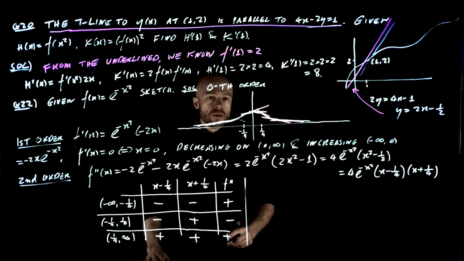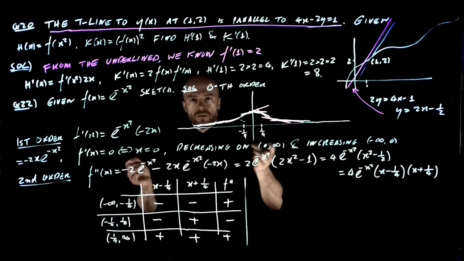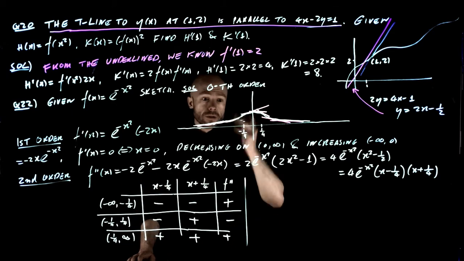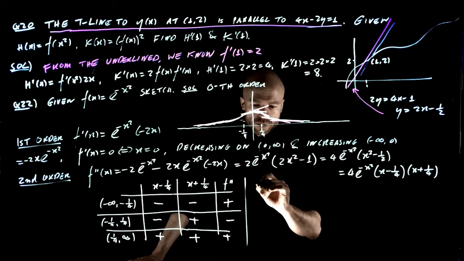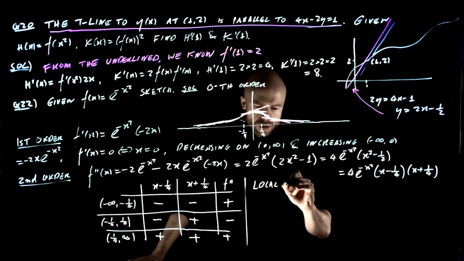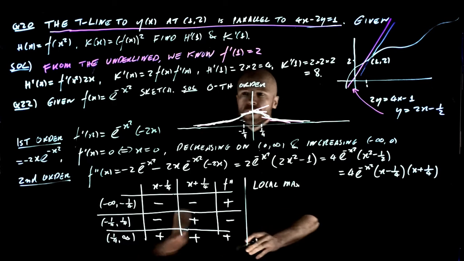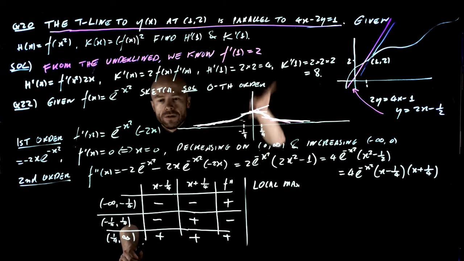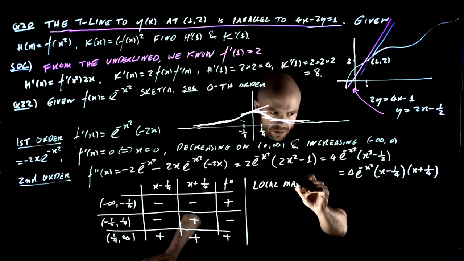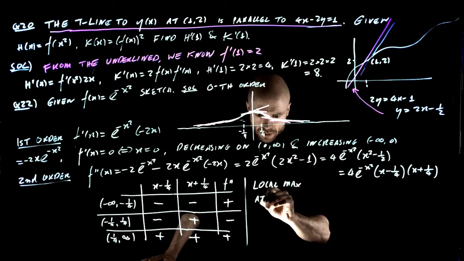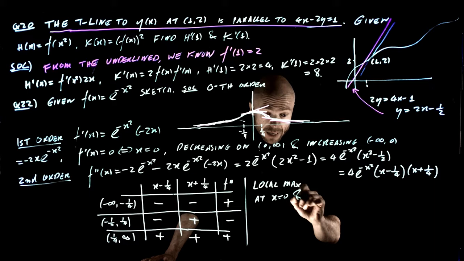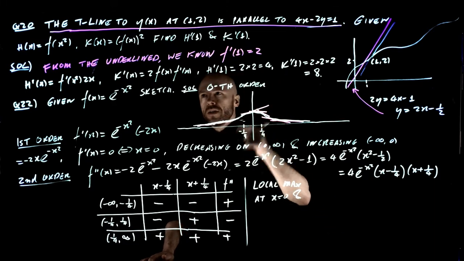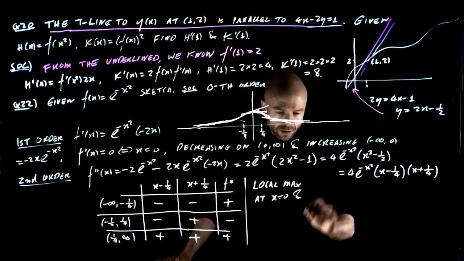So local maxes and local mins only happen when the derivative changes sign. That's only going to happen at 0. So local max, because we go from positive to negative, right? So local max at x equals 0, and the local max is the value when we stick it in. In this case, I can calculate it easily.